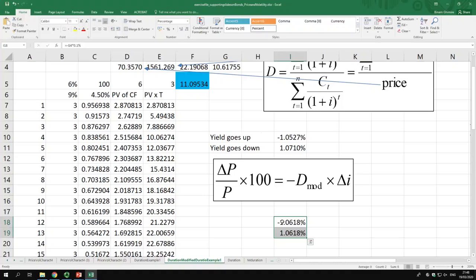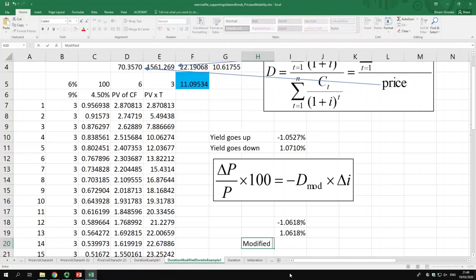When we applied the modified duration, we got these percentage price changes, but actual changes are them, and they're very close. 1.0618, minus 1.0527, 1.071, 1.0618. So let us see, 10.61 times 0.1%, and therefore this means modified duration has worked.